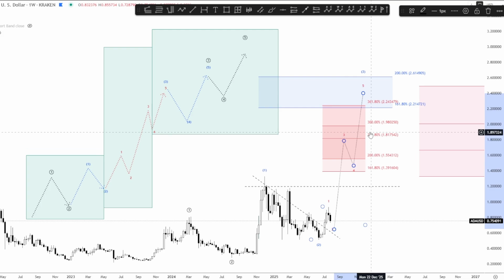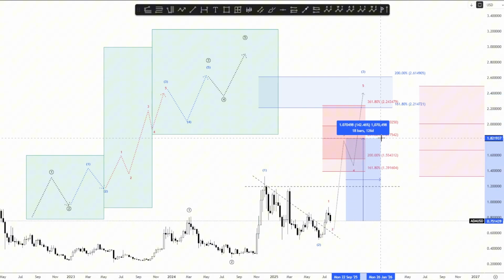Statistically, most of the time it even gets higher, right? 361, 300%, but this is the minimum level. This is what we can realistically expect, and it would make sense.